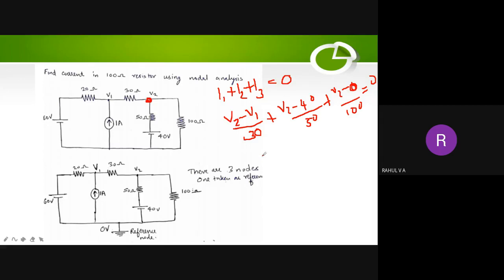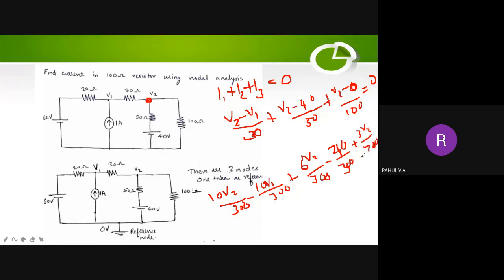So we have converted this in terms of 300, I guess. 10V2 divided by 300, as I am multiplying numerator and denominator by 10, minus 10V1 divided by 300, plus 6V2 divided by 300, minus 240 by 300, plus 3V2 divided by 300.